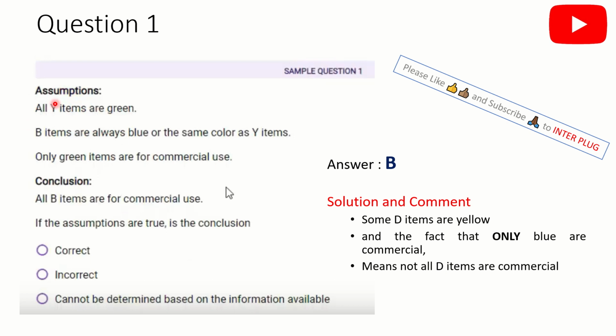That means all of the Y items are for commercial use, and some of the B items, the ones that are green. Now here they say all B items are for commercial use. It's not true because some of the B items are blue and therefore are not for commercial use. So it is incorrect. So that's B. Move on to the next one.